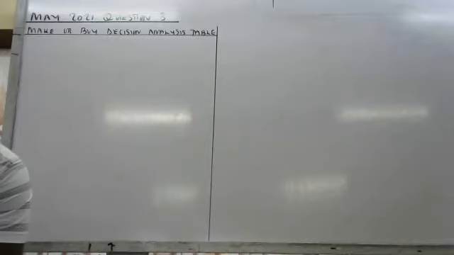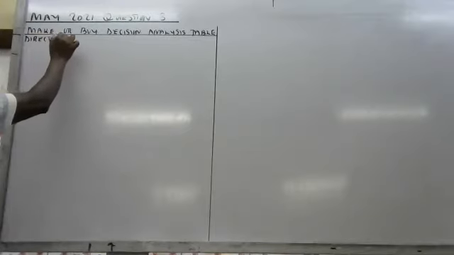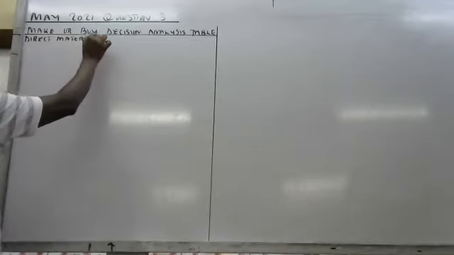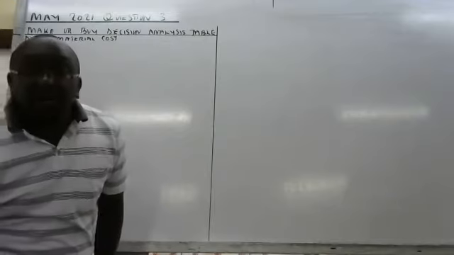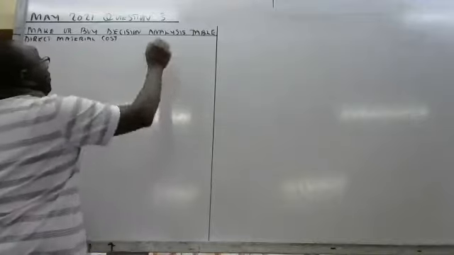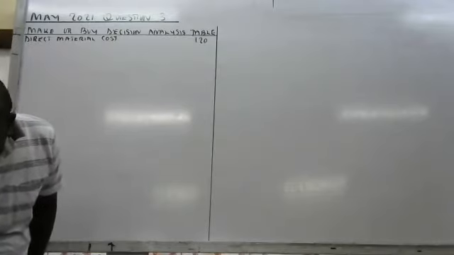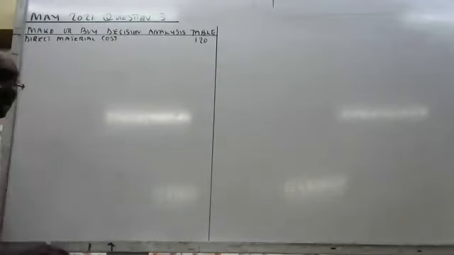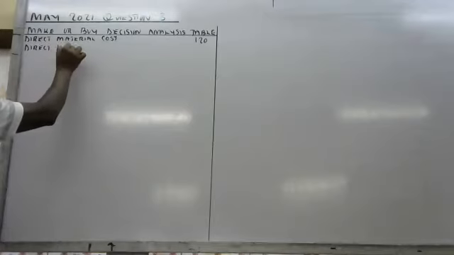So what you do in dealing with the make or buy, you just deal with the variable cost. The first one is direct material costs. Obviously, we are analyzing per unit. As you can see, it is 120. Then there are direct labor costs.